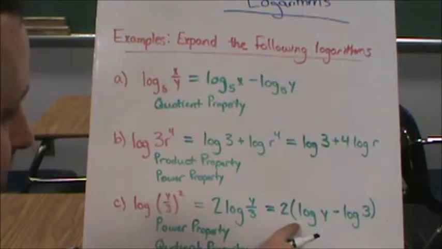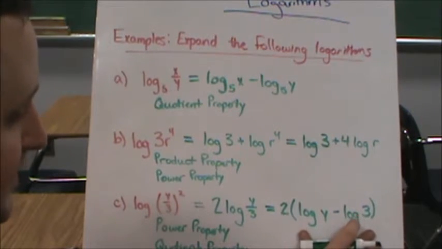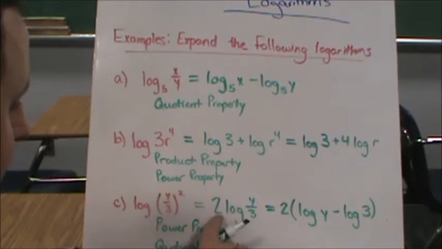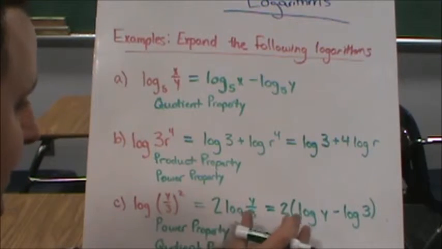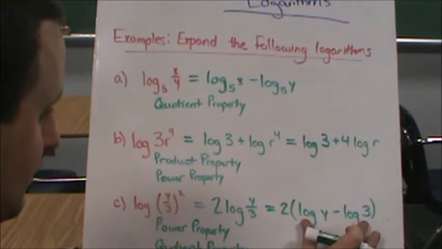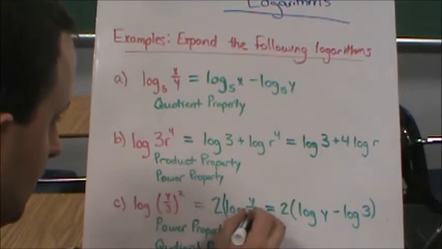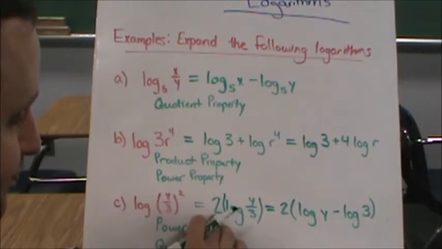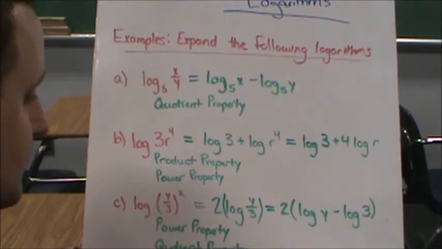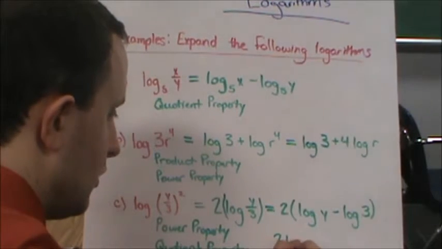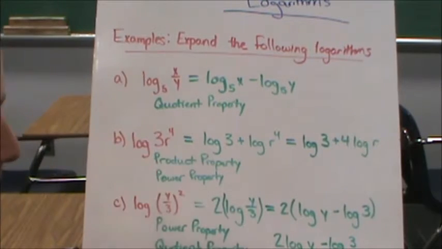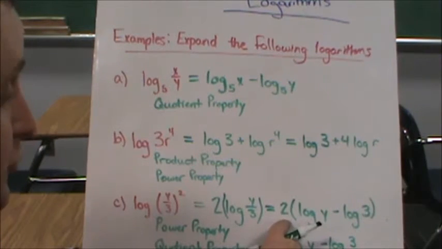And I'd put the log of y minus log of 3 in parentheses, because you're multiplying log of y over 3 by a factor of 2. So I would keep this in parentheses so you can differentiate, because you might be tempted to write 2 log y minus log of 3, which is not equivalent to what it should be.